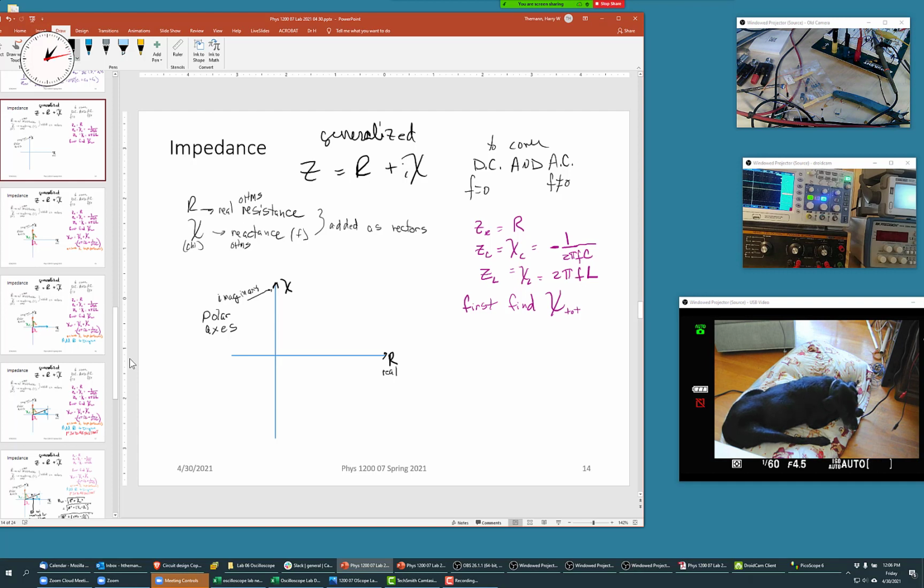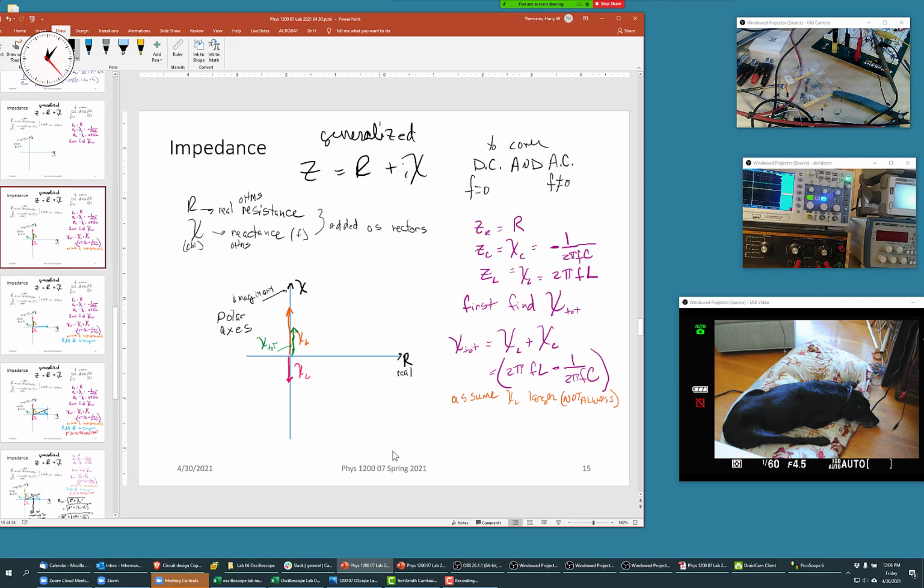Oh, Jack is stirring. Okay, so the next slide is basically a duplicate with some extra stuff on it, so don't panic. The first thing you do is find out what your chi total is, because we can't simply add R's and chi's, but we can add the chi's together.